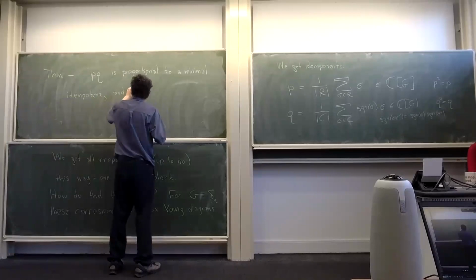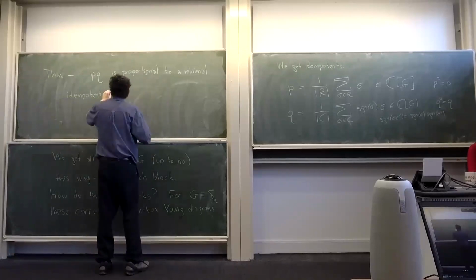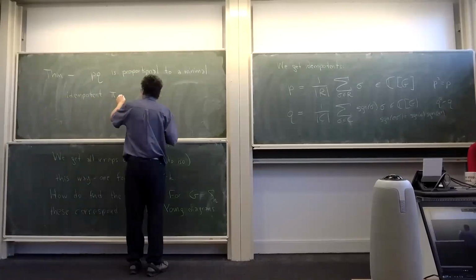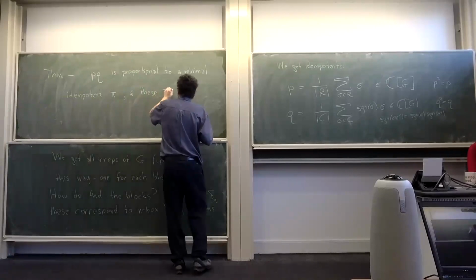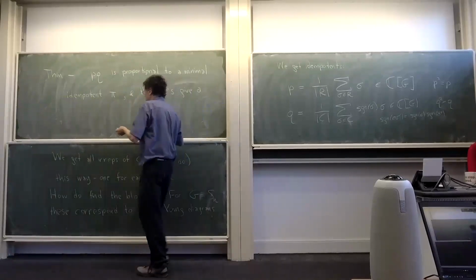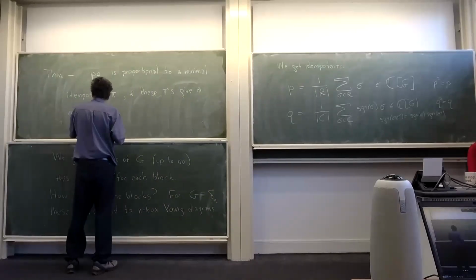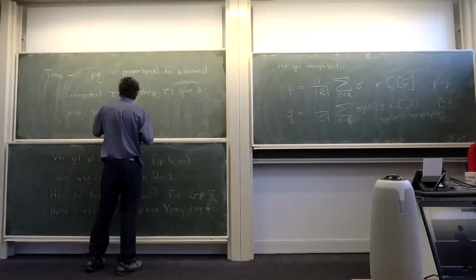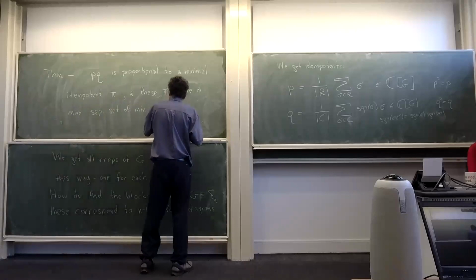And let me call this something like, I don't know, pi. It depends on our Young diagram. And these pi's give this thing we're after, this maximal separated set of minimal idempotents.